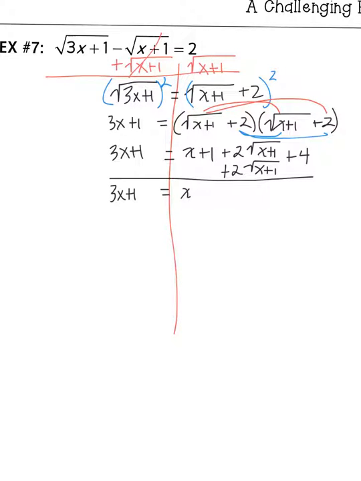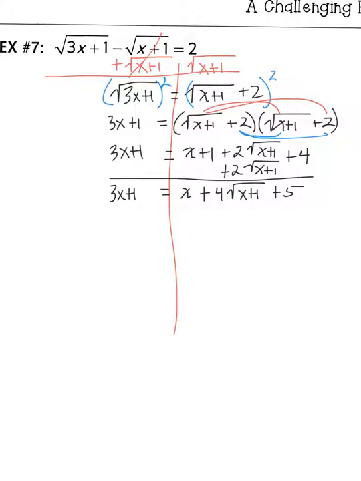So we have 3x plus 1 equals x, and then I'm going to add the 1 with the 4, but I'm going to put it at the end. So I have 2 of these, and I'm going to add 2 more of these. So I have 4 of those altogether. So plus 4 square root of x plus 1. And then don't forget we have this 1 here plus the 4 is equal to a positive 5. So we still have a radical.